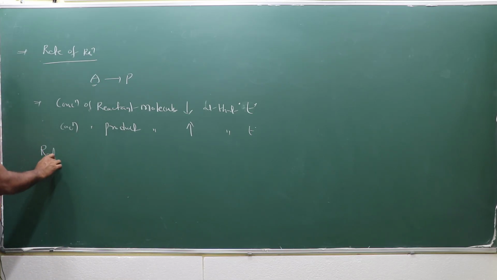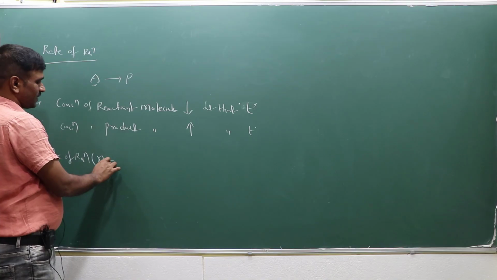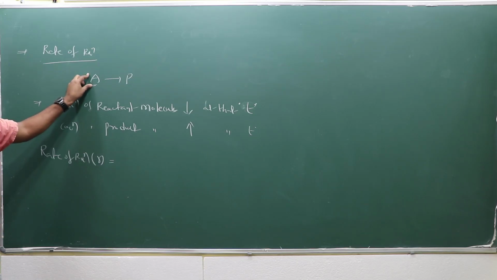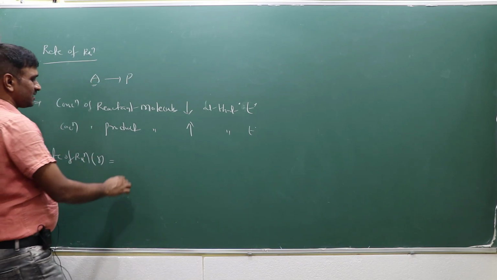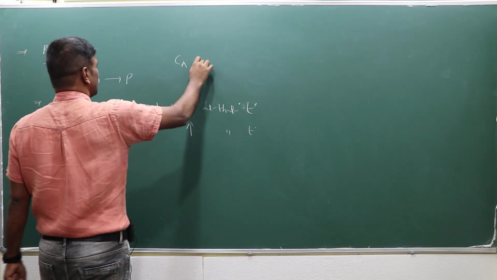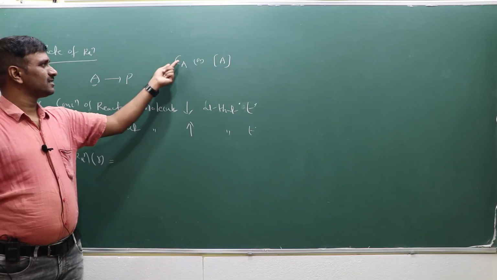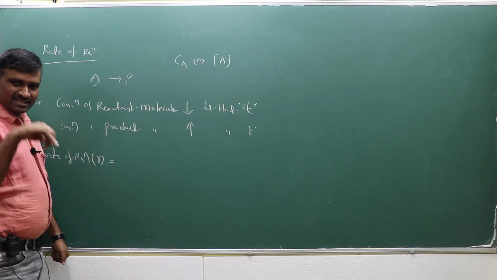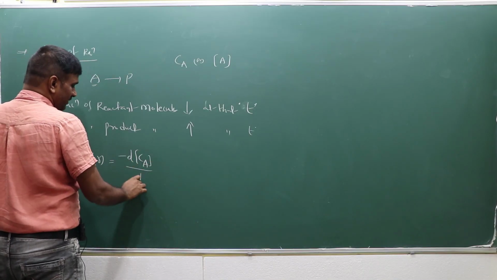Rate of reaction: while the reaction proceeds, the concentration of the reactant molecule decreases with time. Suppose A is the reactant molecule and its concentration is taken as Ca, the concentration of A. The reactant concentration decreases in a given time dt.